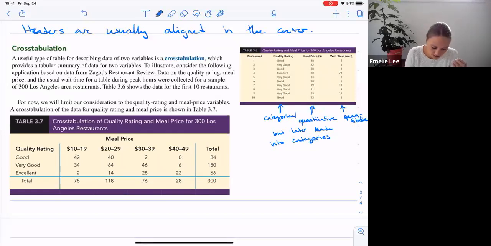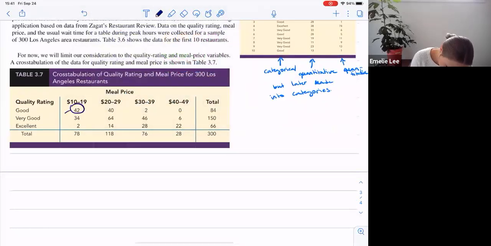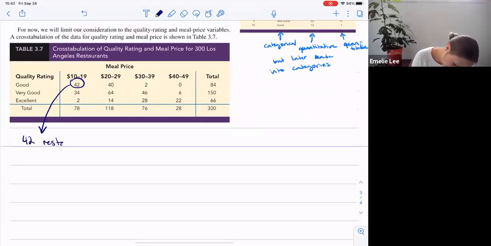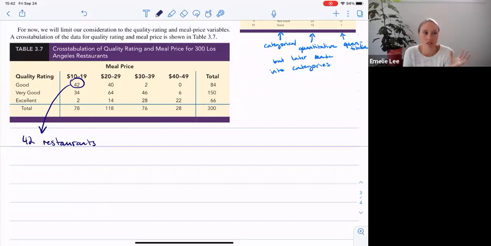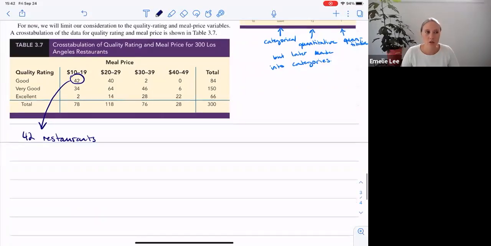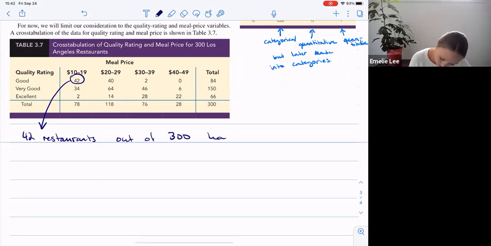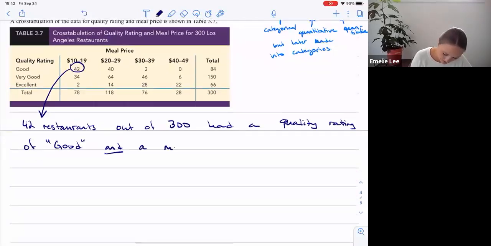And so this 42 here, for example: 42 restaurants out of 300 had a quality rating of good and a meal price between $10 and $19, right? That's information. How useful it is, I'm not sure, but that's how we use these cross tabs. We're able to look at two categories at the same time.